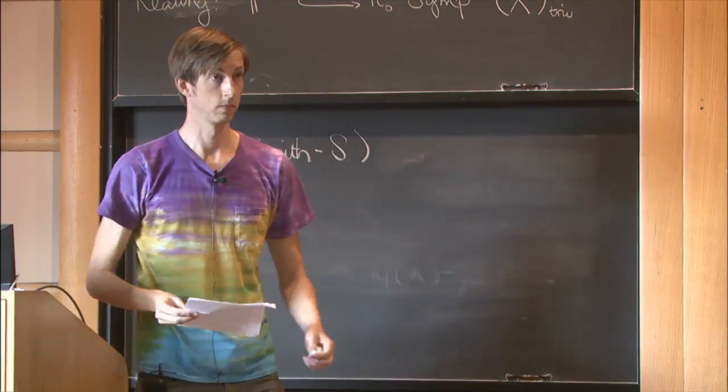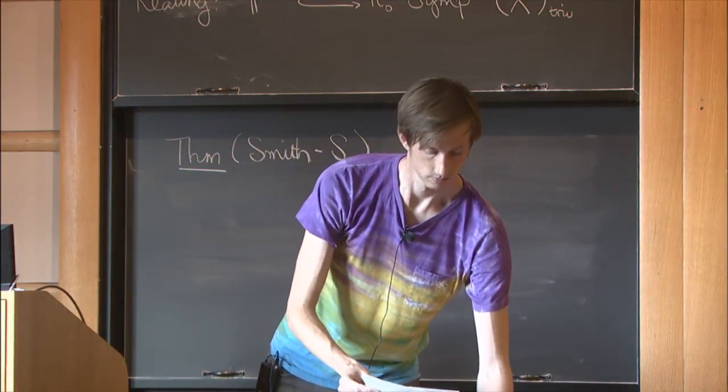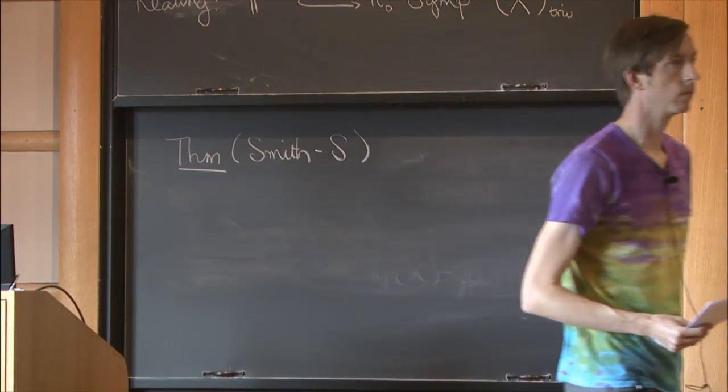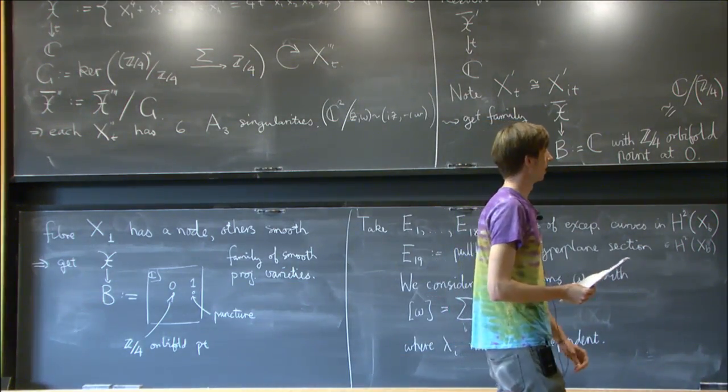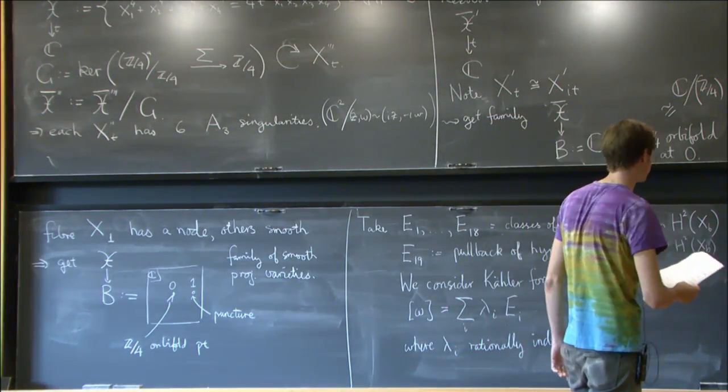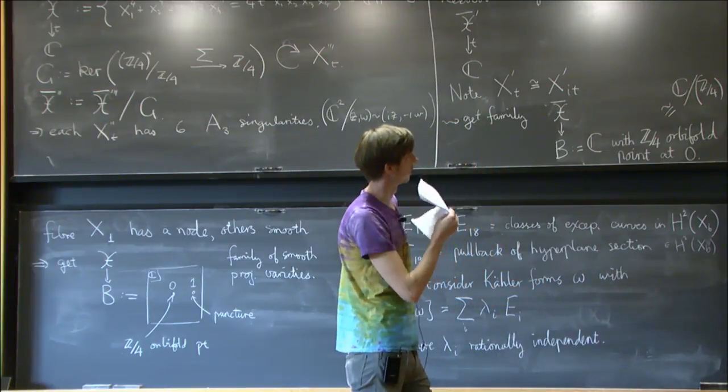Sorry to interrupt. Can you maybe describe some of those generators? What is this group in terms of words in the original generators, or is it complicated? Words in the original two generators.